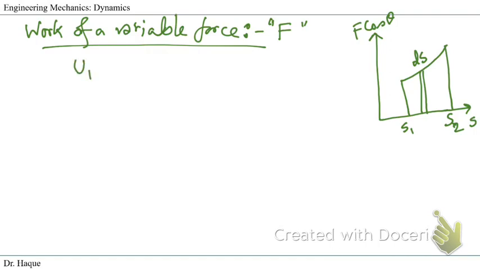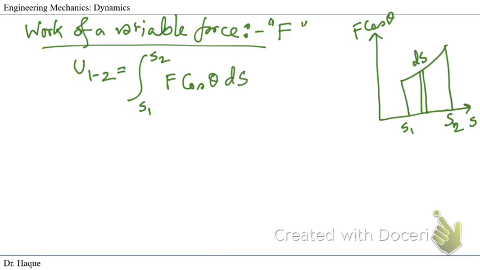So the work done from point 1 to point 2 can be found with the integration of the equation that we defined in the previous slide, F cos theta ds.